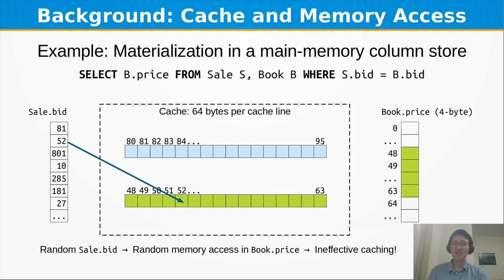Because of limited cache space, we cannot cache the entire price column when there are a lot of books. If the book IDs are uniformly distributed in the fact table, then many of these foreign key lookups could miss the cache, and they will become very expensive.